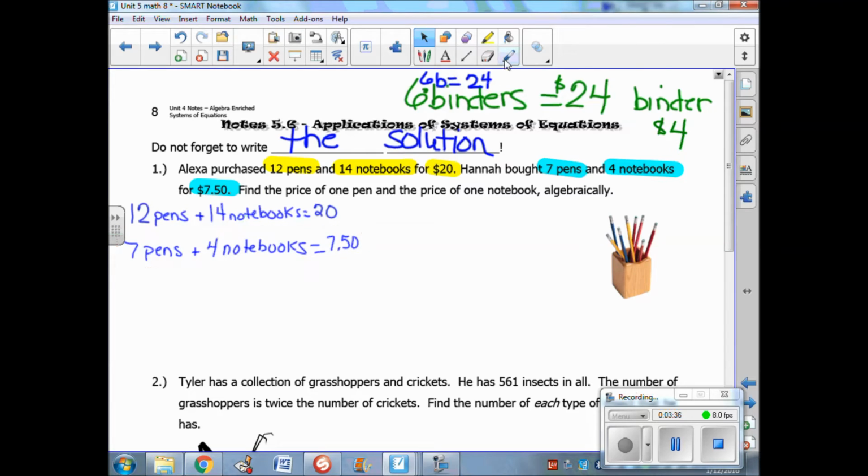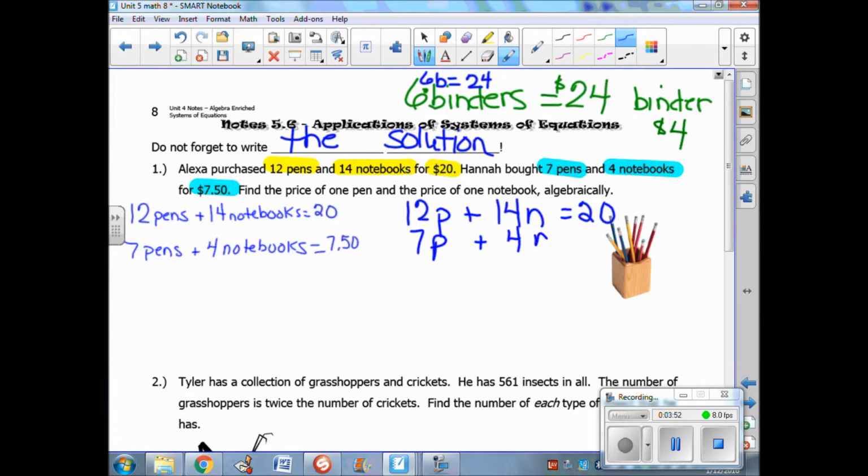Now let's make it algebra. 12p, p for pens, plus 14n for notebooks equals 20. 7p plus 4n equals 7.50. Right now we've got things that are lining up. Hopefully you're starting to see, this should be elimination. I've got the p's, the n's, and the constants all lined up.